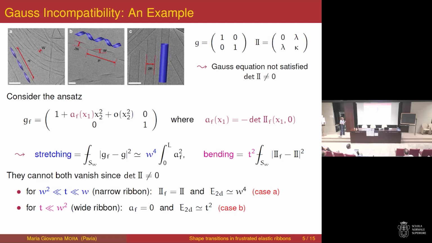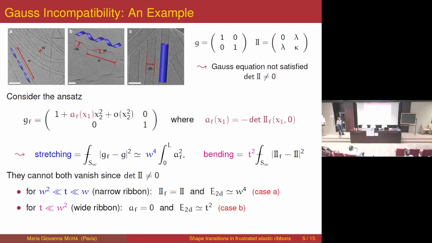Let me notice that this first regime corresponds to a ribbon where t is rather large, or if you want, w squared is rather small. So it's a thick ribbon, or a rather narrow ribbon. While the second case corresponds to a ribbon which is rather thin, or rather wide.